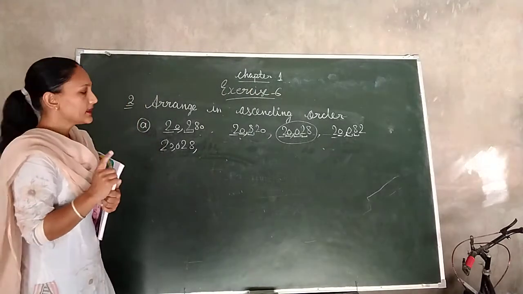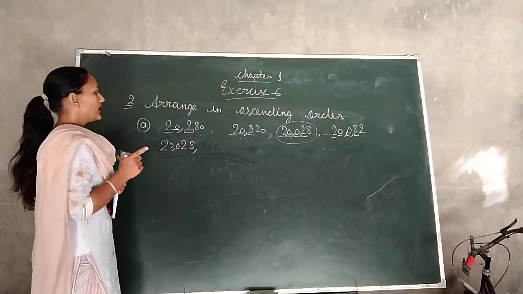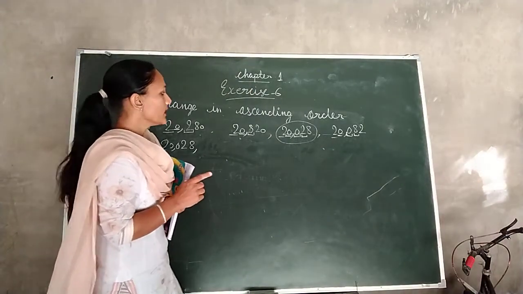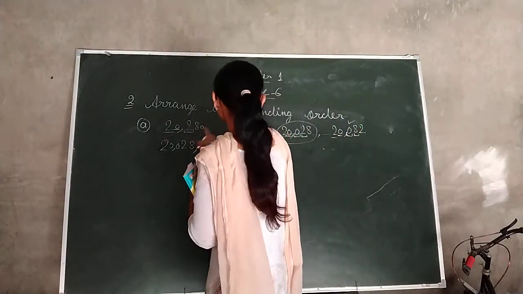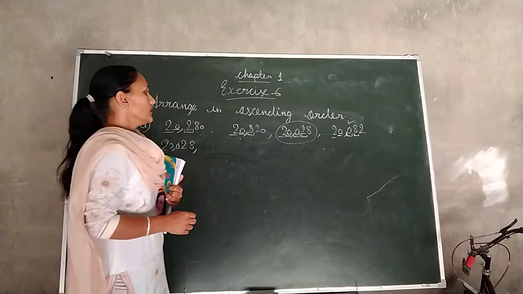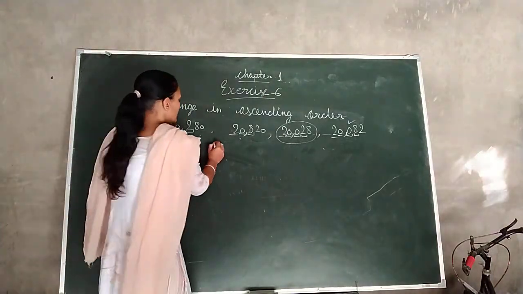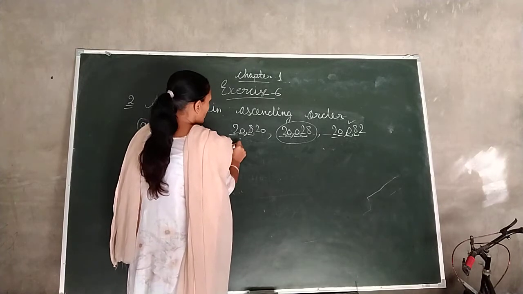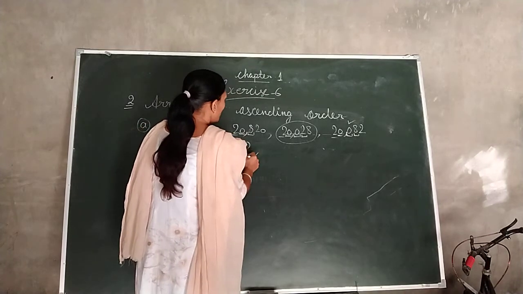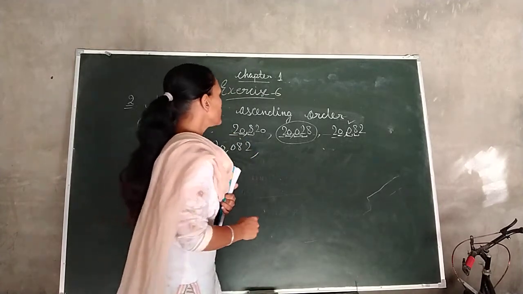So 0 is less than 8 and 2. So what it means? It means this number is smallest among all 3 numbers. So we will write this number as the next number, 20,082.